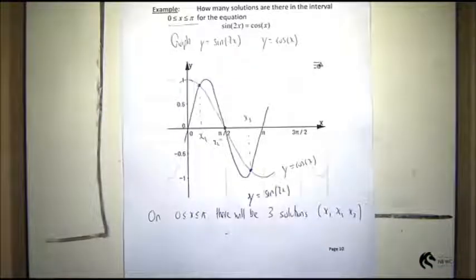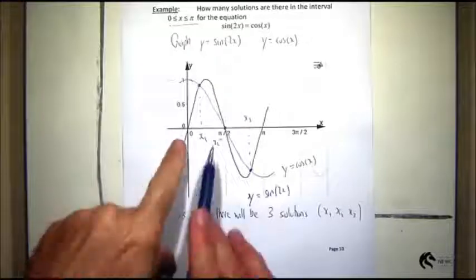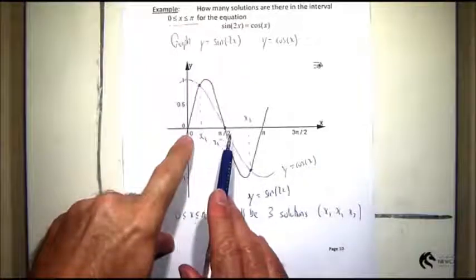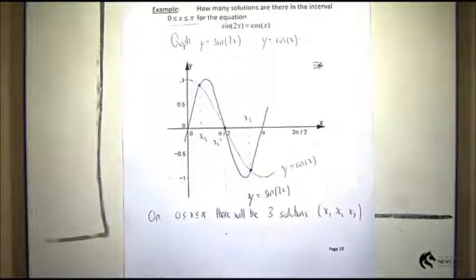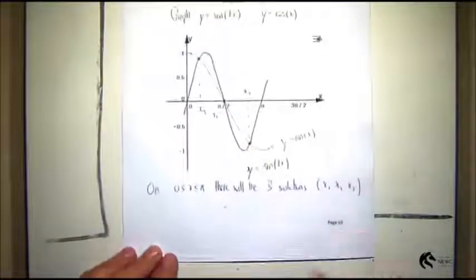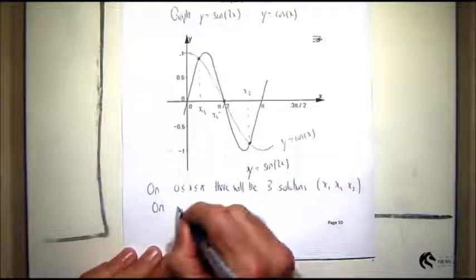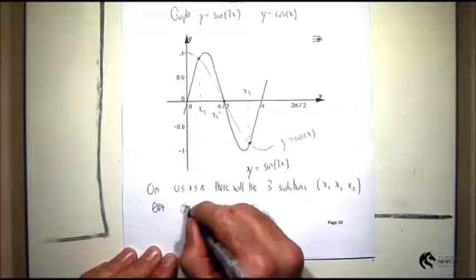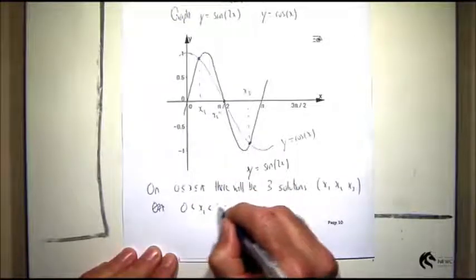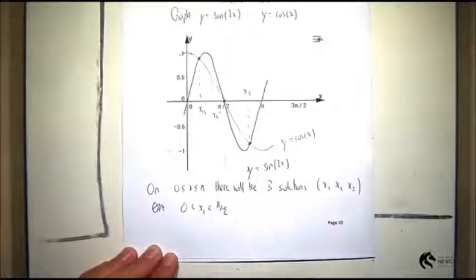Now from my picture I can see that x1 is somewhere between 0 and pi on 2. So in terms of our quadrants, I would say that's a first quadrant answer. Does that make sense? I can say here, 0 is less than x1 is less than pi on 2.